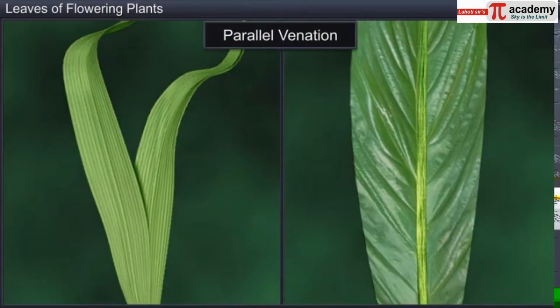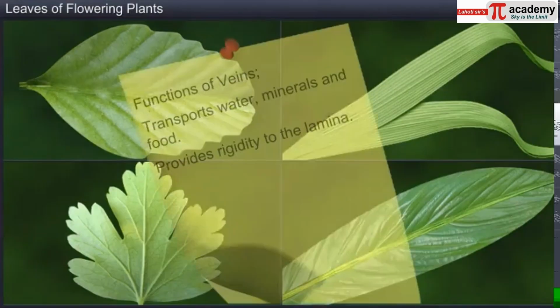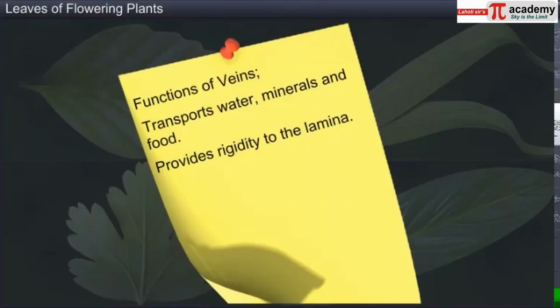In parallel venation, the veins run parallel to each other, a characteristic typical to monocotyledonous plants. The primary functions of the veins are to transport water, minerals, and food, and provide rigidity to the lamina.